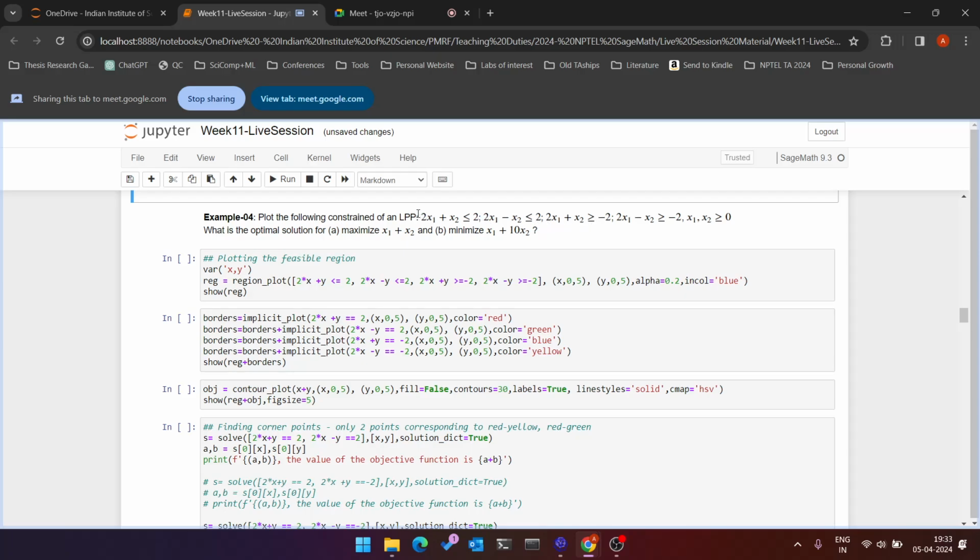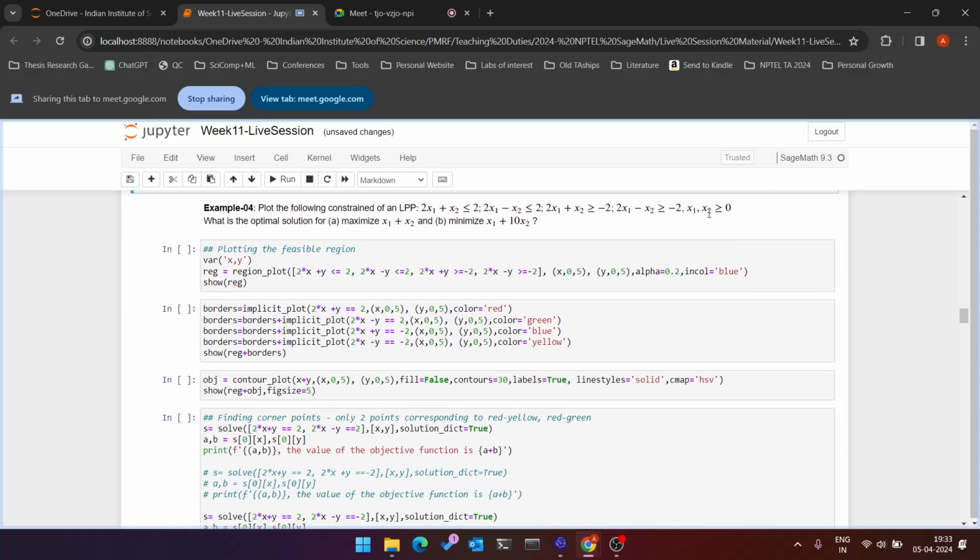This will put a bound, this will also put another bound, and this should also put a bound. We want to find an optimal solution where x1 x2 are bounded to be non-negative, and two different objective functions are provided. First, we'll plot the feasible region with these constraints.